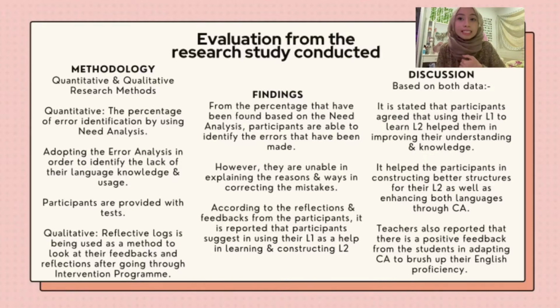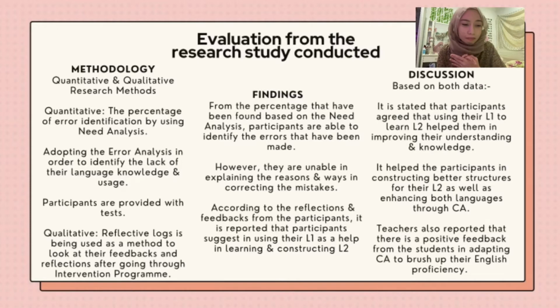From the quantitative, they wanted to look at the percentage of error identification by using need analysis. And need analysis is one of the methods that they use, which is adopting the error analysis in order to identify the lack of their language knowledge and also usage. And from this method, participants are provided with several tasks.